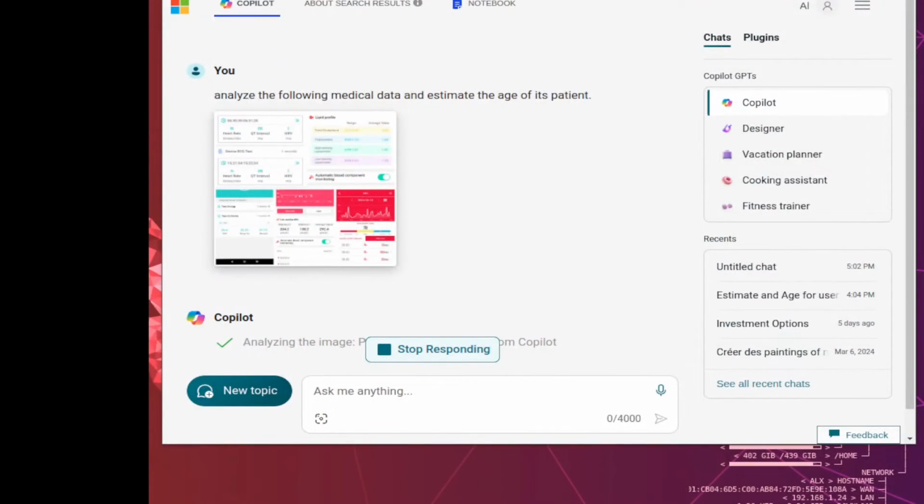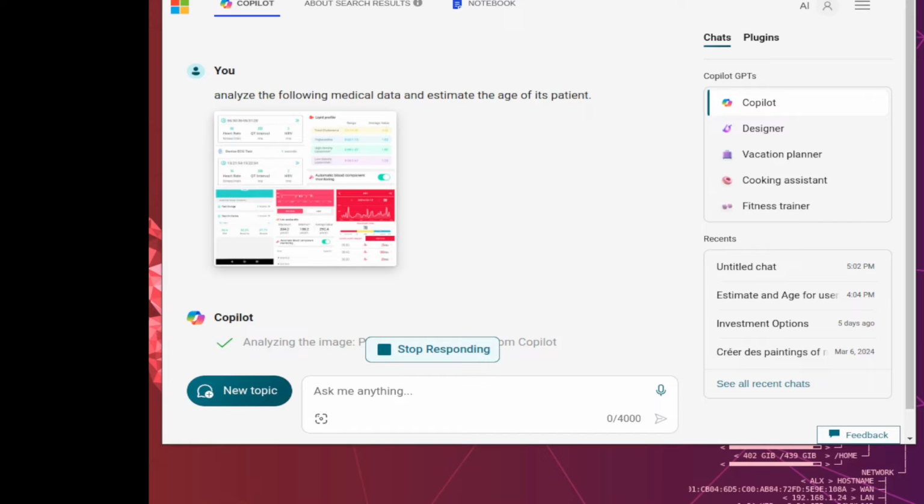Here we go. It says attempting to analyze. Again, we don't know how accurate the original data is. However, it's interesting to see how AI would analyze it.